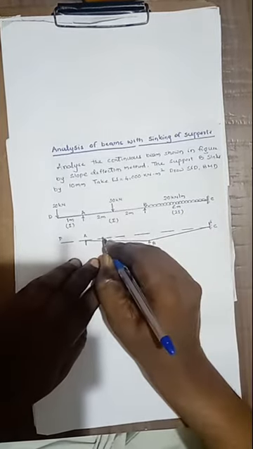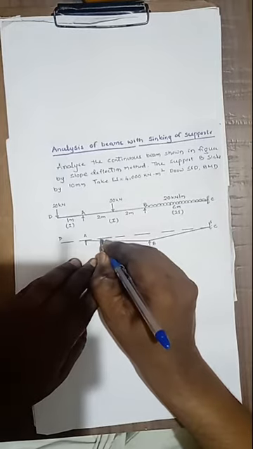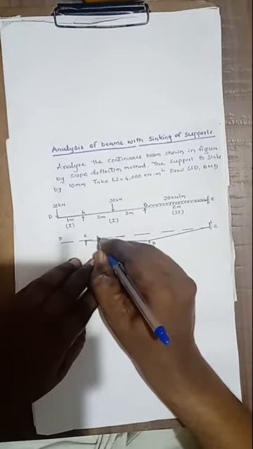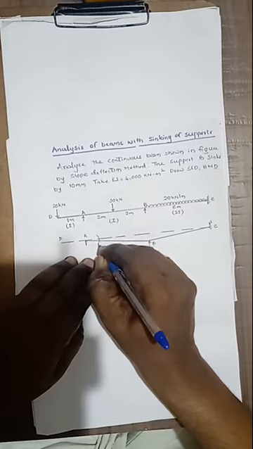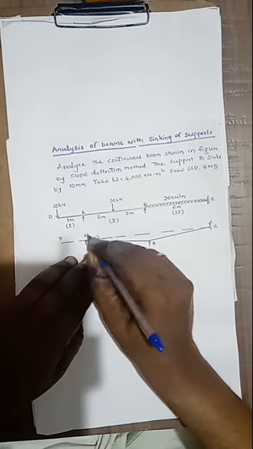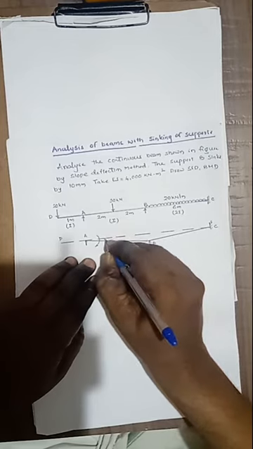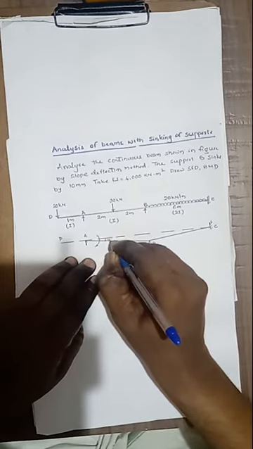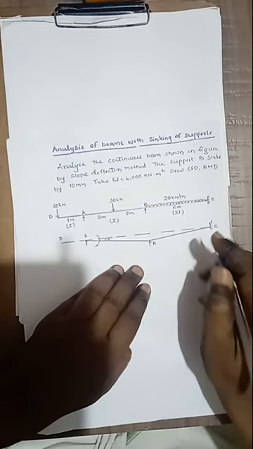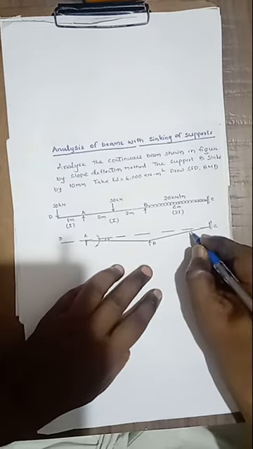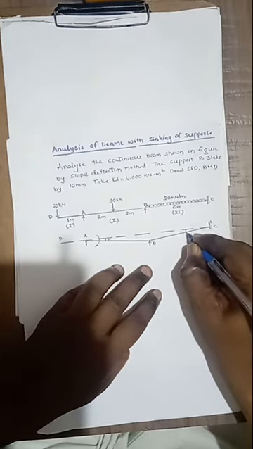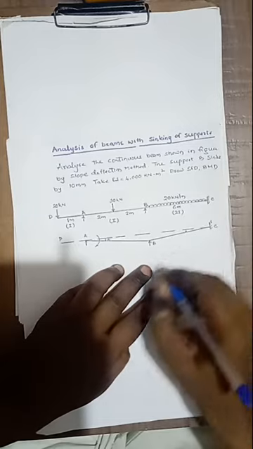With respect to the original position, this span is rotated in clockwise direction. The slope is theta. Similarly, this one is rotated in anti-clockwise direction.